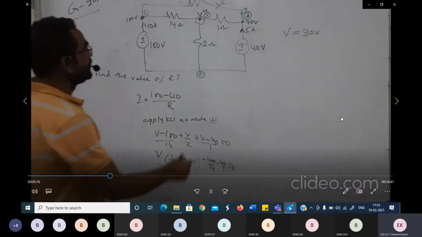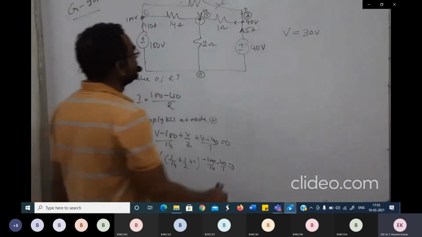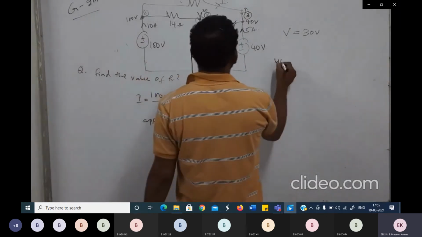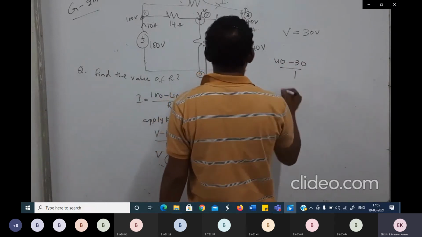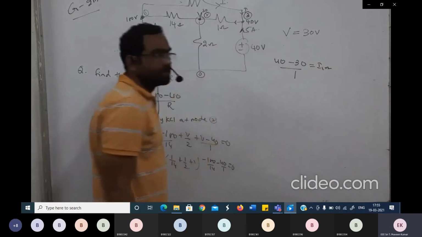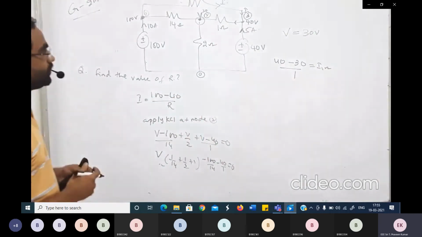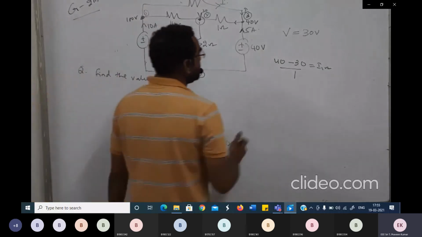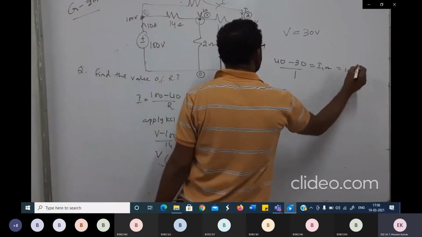Now we also need to know this current. So 40 minus 30 divided by 1 is the current flowing through the 1 ohm resistor. This is nothing but 10 ampere.